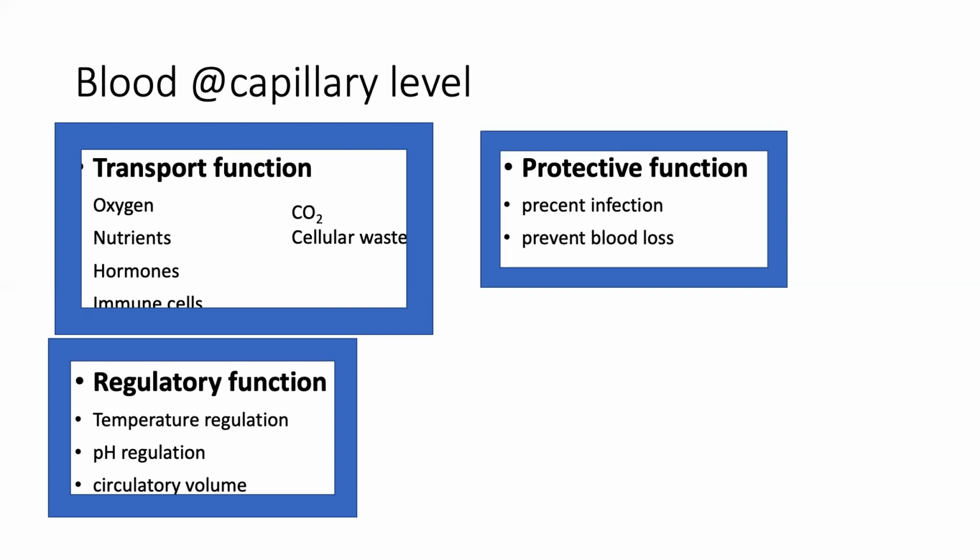With regards to the regulatory function, it has regulation of temperature, regulation of pH, and regulation of circulatory volume. With regards to regulation of body temperature, it plays a role by absorbing and distributing heat throughout the body and to the skin surface to encourage heat loss.